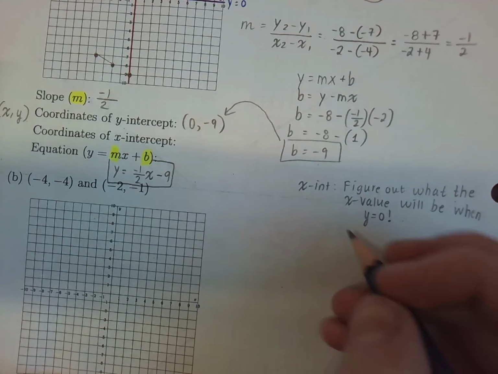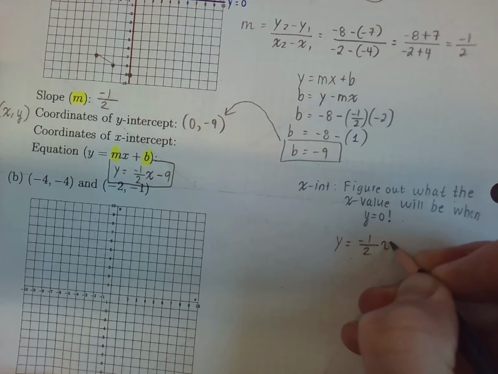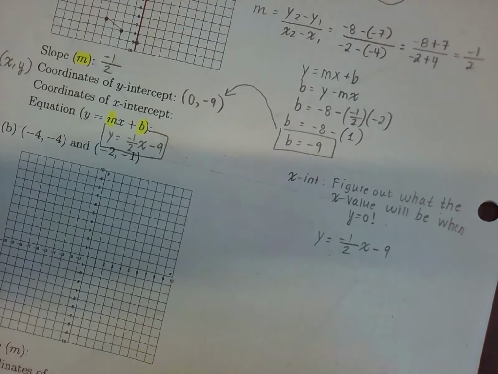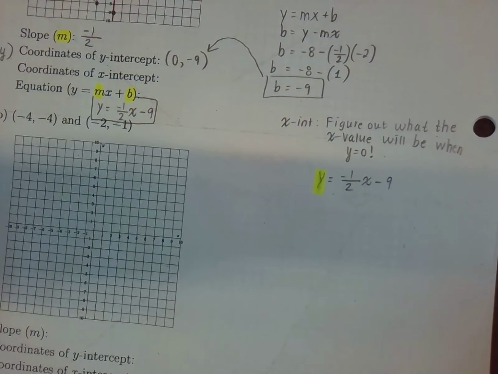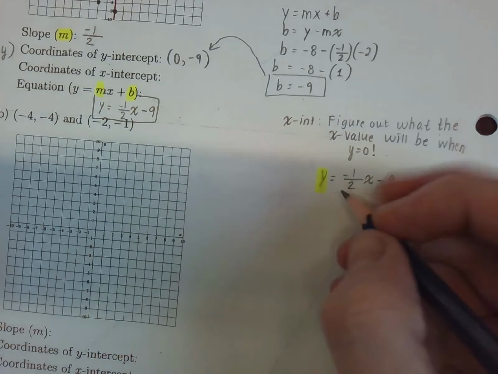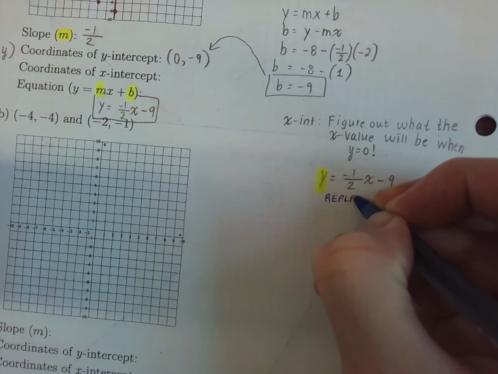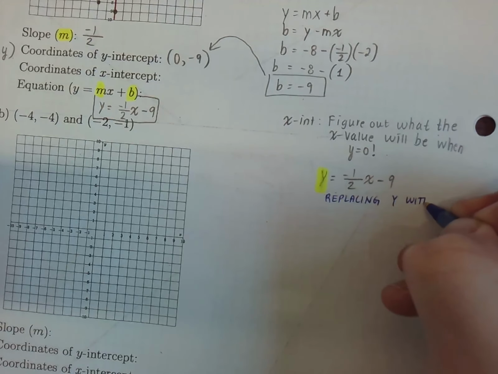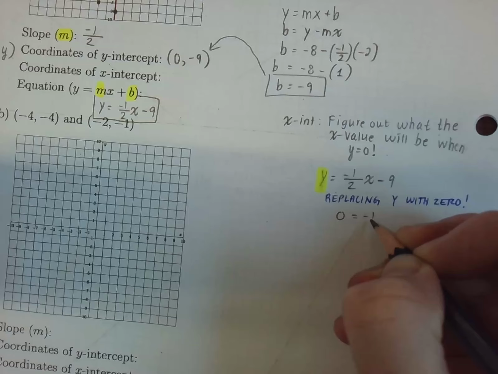So we take our little equation, y equals -1 over 2x minus 9. We plug in, instead of y, I'm actually going to replace that with 0. I'm replacing y with 0. So 0 equals negative 1 over 2x minus 9.